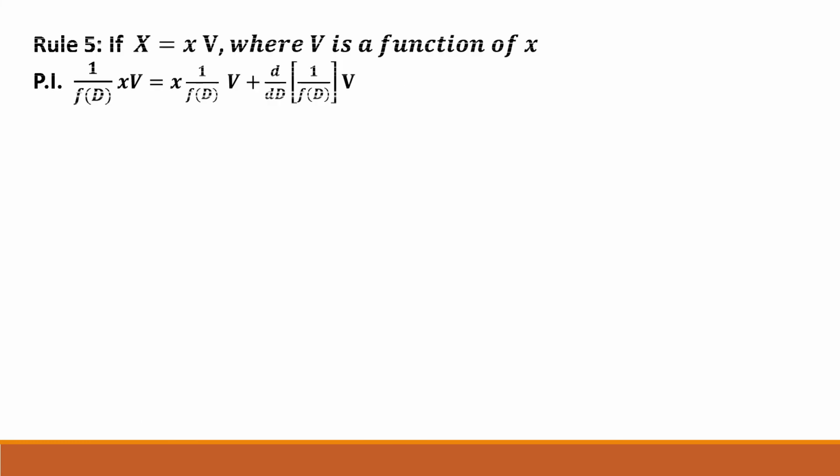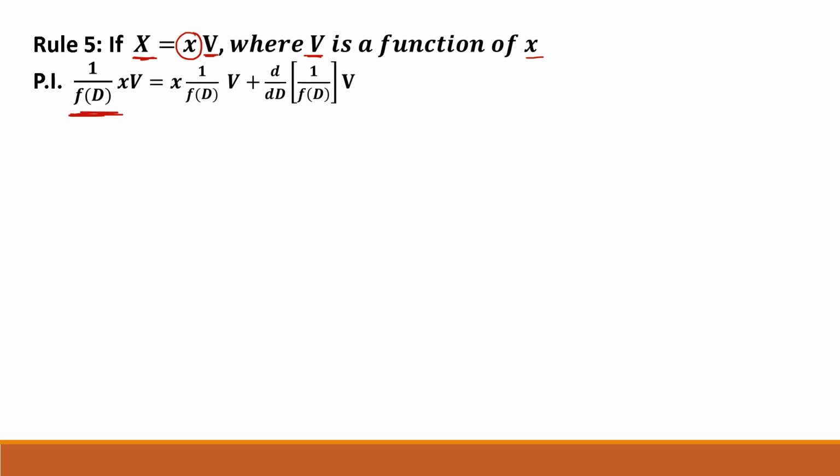Okay. Now let's discuss rule number 5. Rule number 5 is applicable if on the right hand side your capital X is given as small x, meaning the independent variable, times some function v. v is a function of the independent variable x. In this case, how will we get the particular integral? This particular integral will be split into two terms.